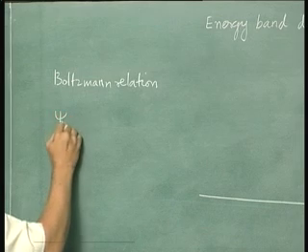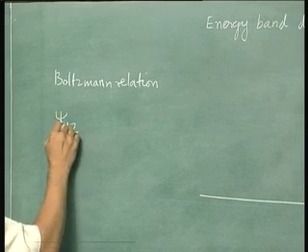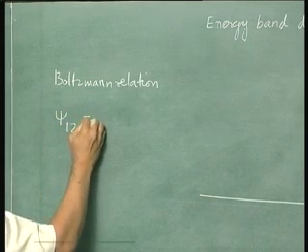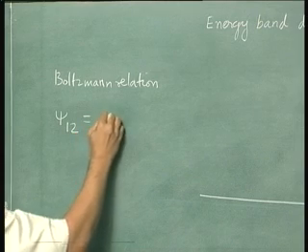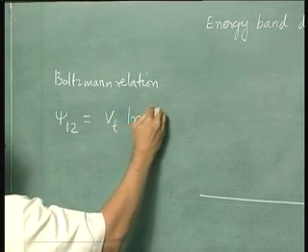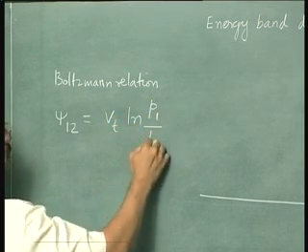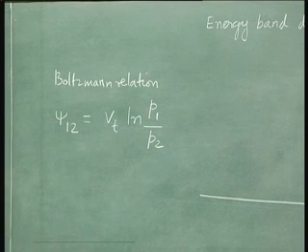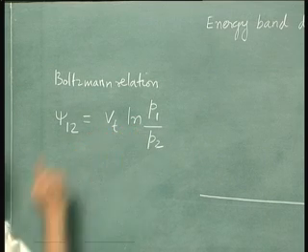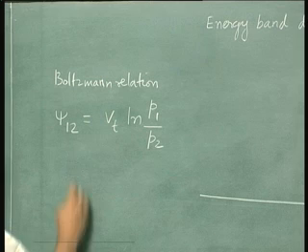It says psi 1,2, the potential difference between 1 and 2, can be related to the concentration difference between the 2 points. Psi 1,2 is Vt ln P1 by P2 under equilibrium.